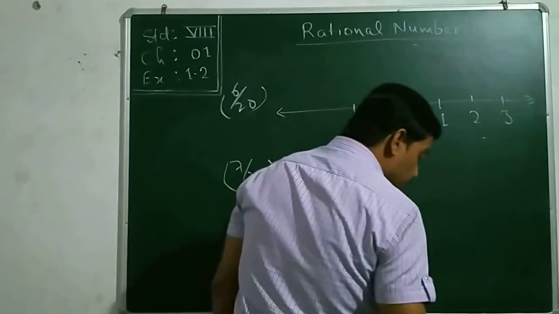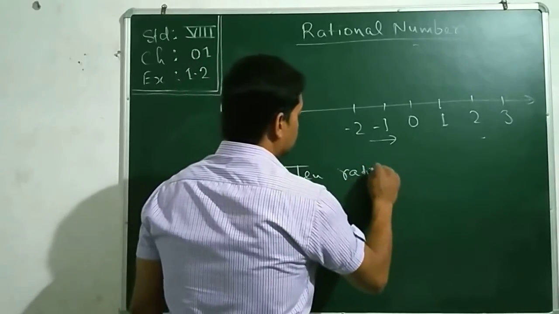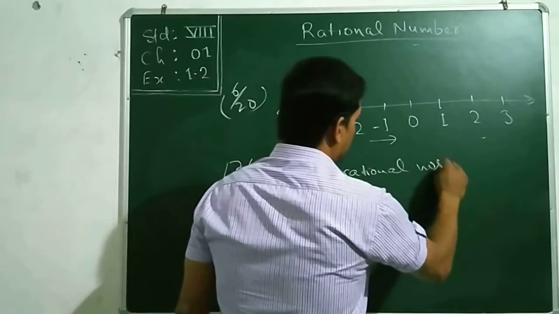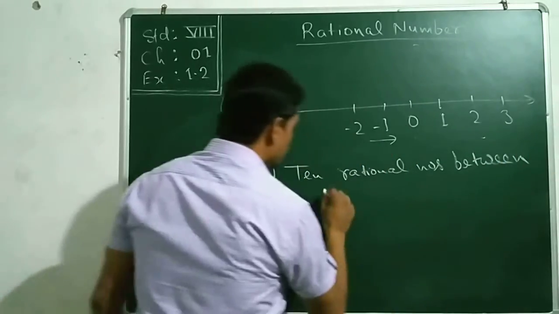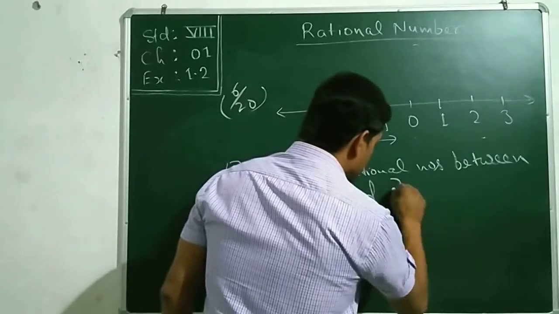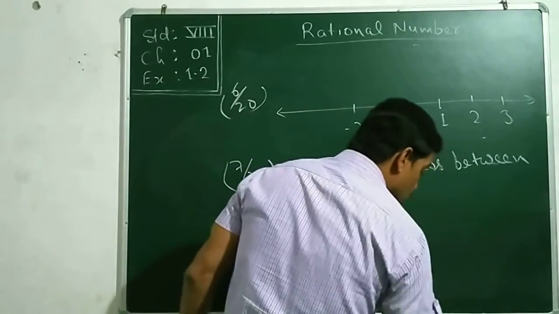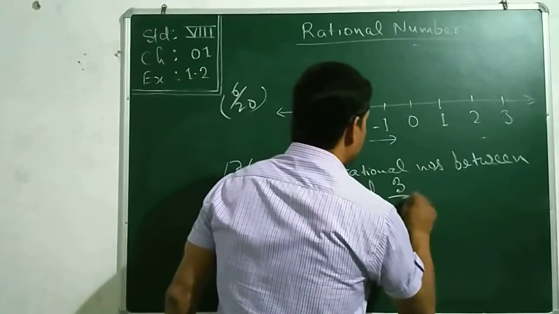Come to the 7 number last sum. That is also 10 rational numbers between 3 by 5 and 3 by 4.